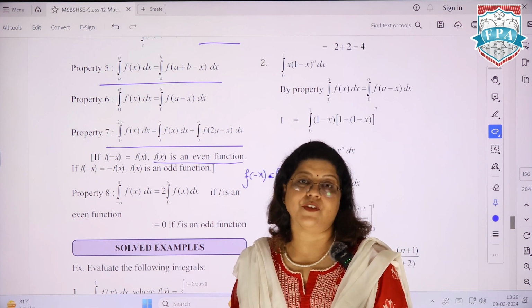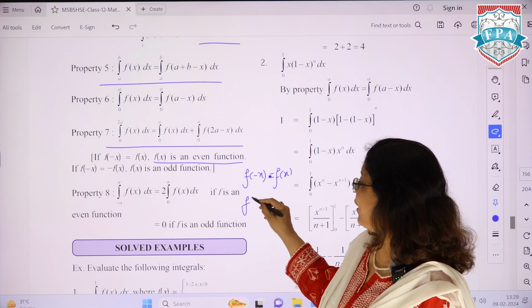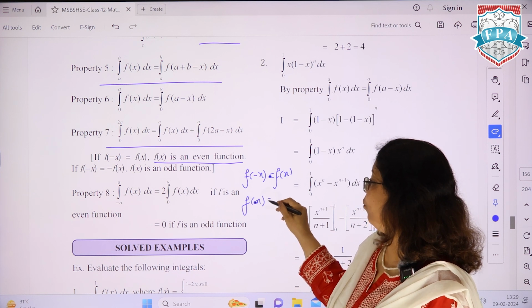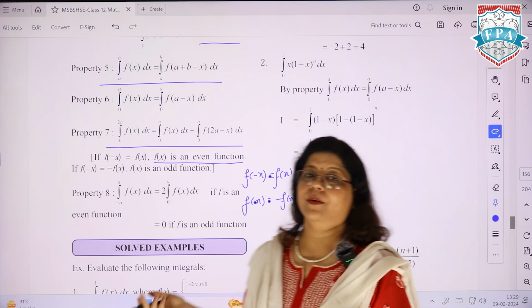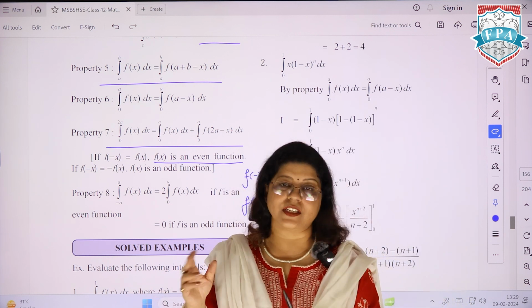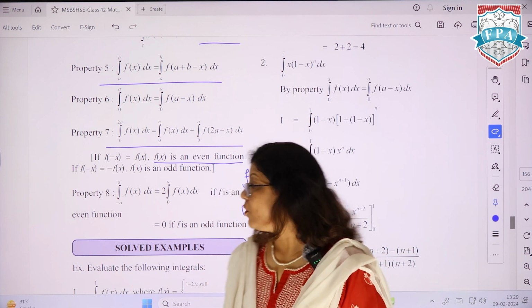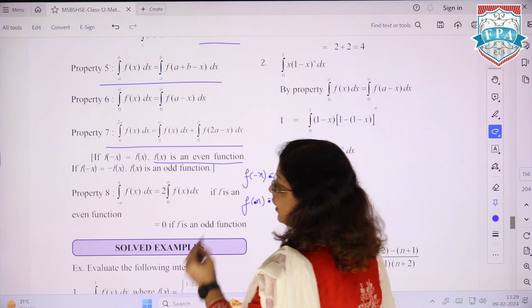So that becomes the even function. An odd function is that f of minus x is actually equal to minus of fx. Like x cube. So when we do minus x whole cube, आपको मिलेगा minus of fx. So then in that case, that becomes the odd and the first one is even.